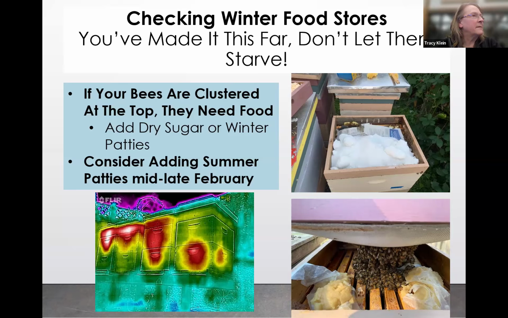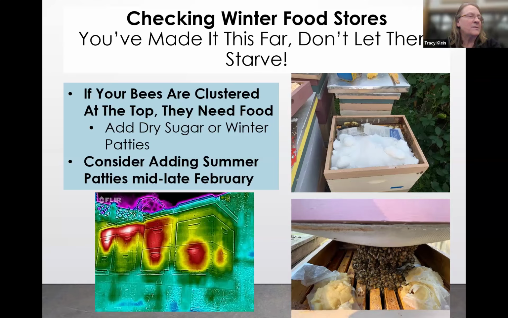So yeah. But if you want to put summer patties on, the rationale, for those of you that are new, you're like, what the heck are you talking about? Bees need sugar for the older bees and for energy, and they need protein for the younger bees and for the brood. And the protein comes in pollen patties and in the pollen that they bring in. Well, there's not much pollen for them to bring in right now.